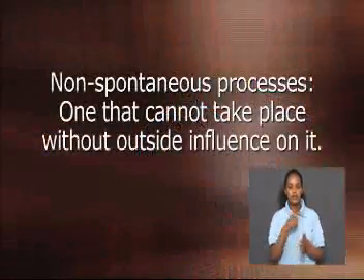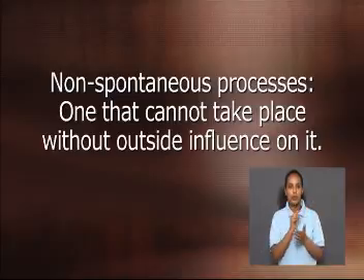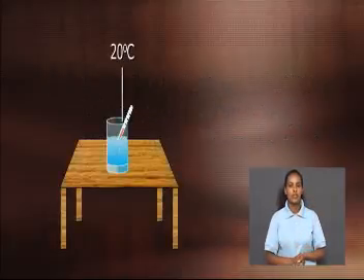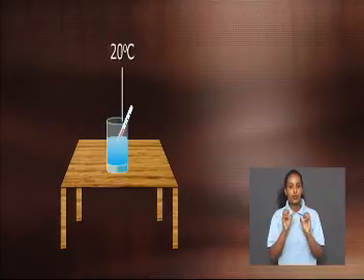However, there are other processes that will not occur independently. These are known as non-spontaneous processes. Let us look at an example. Water will not freeze on its own if it is left in surroundings that are at room temperature.